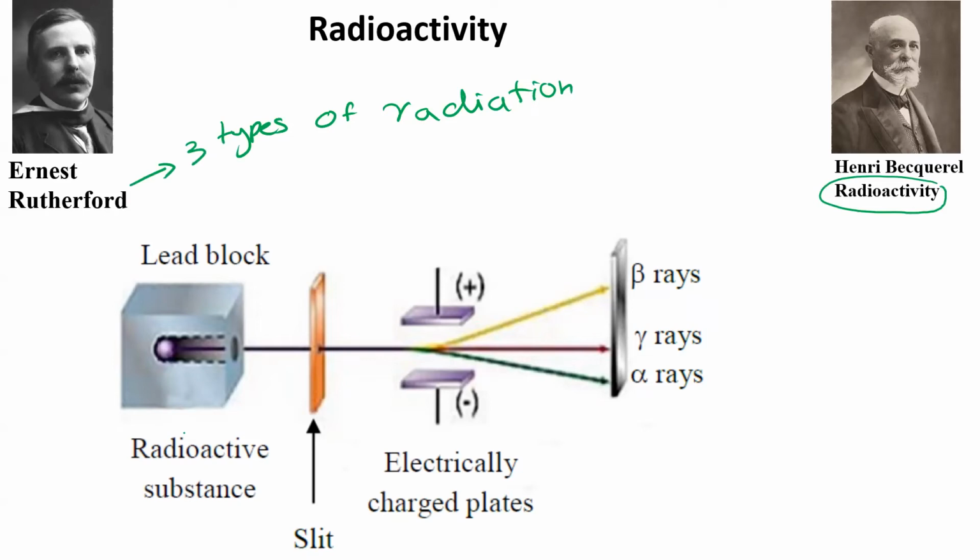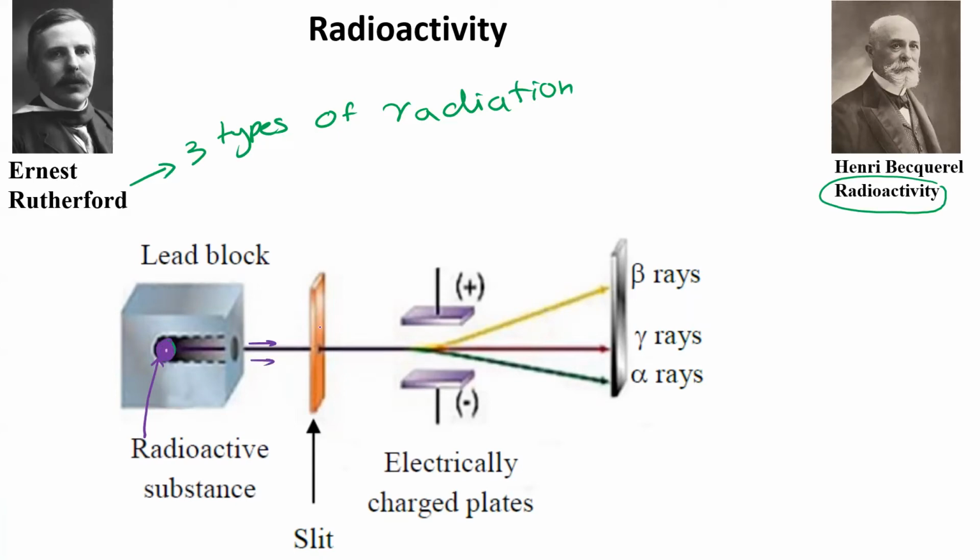So in his experiment, he used a radioactive substance. This purple item you see in the box is the radioactive item. So he put this radioactive substance in the box, and there is a small opening. So it's like a gun shooting radiation. So when it shoots all types of radioactive particles, there's a small slit.